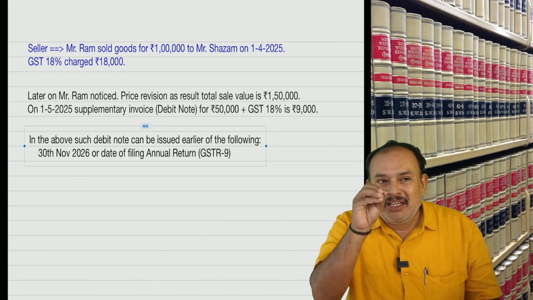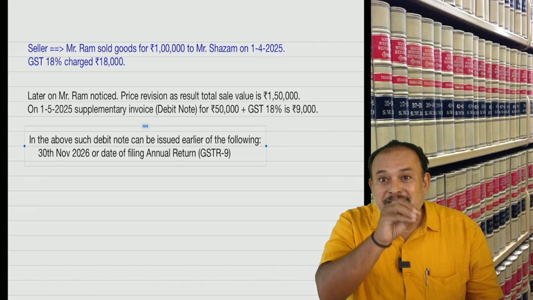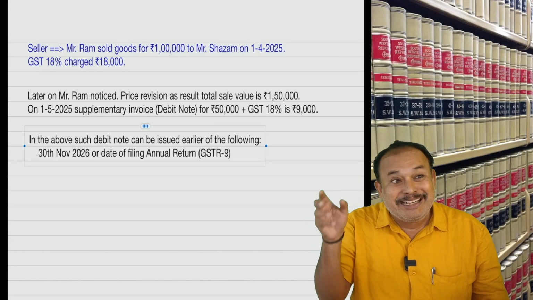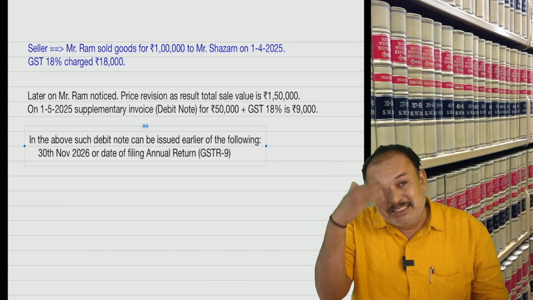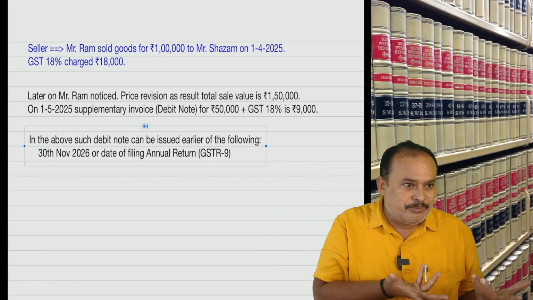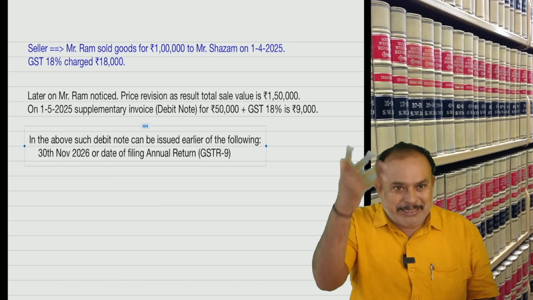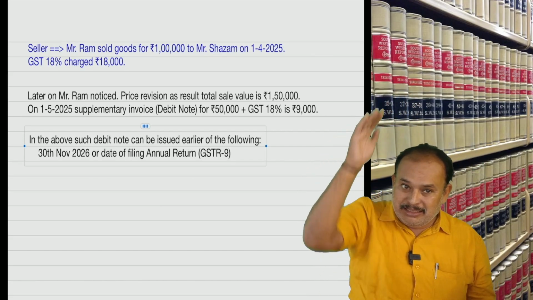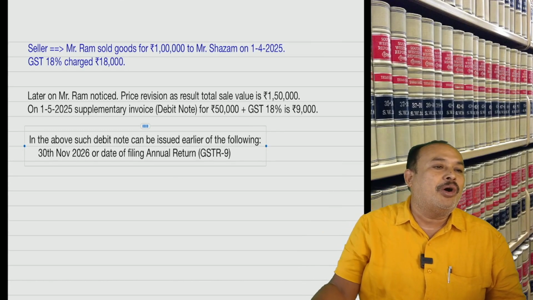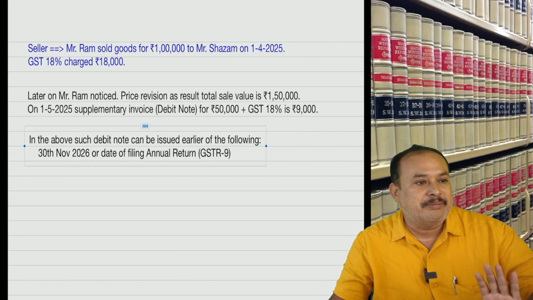For which year? For the year 25-26, the return going to be filed as the annual return. The due date is 31st December 2026. That can be filed before the date also. Whichever date happens earlier, up to that time limit is available to issue a debit note under GST law.